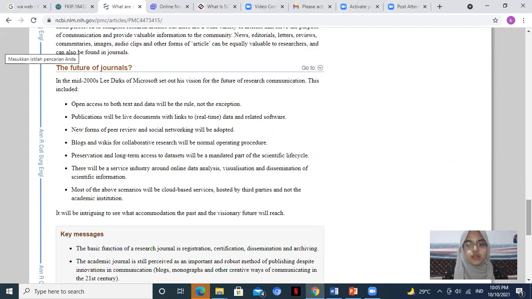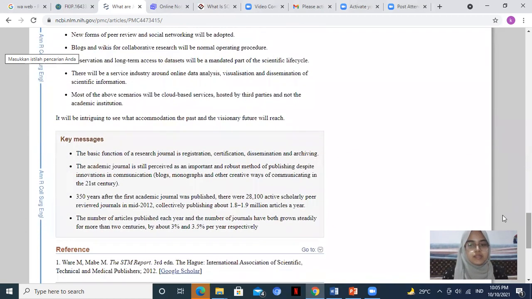And we can look here at the very bottom of this journal. There are key messages, or we can call it summary. And we don't forget about the reference.